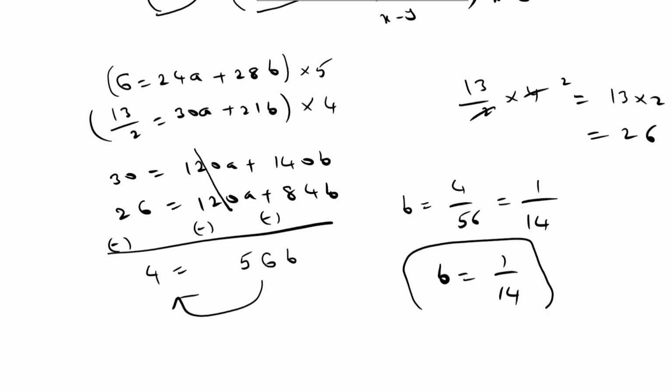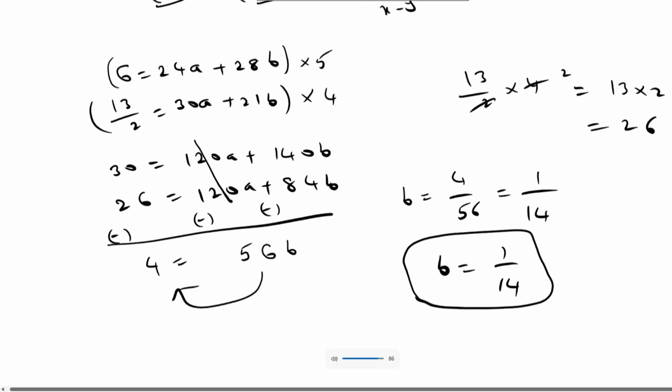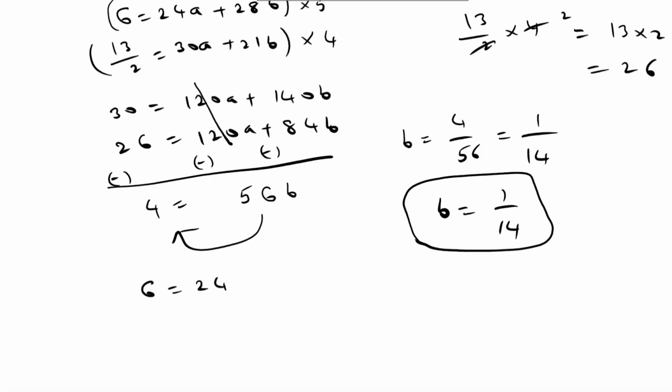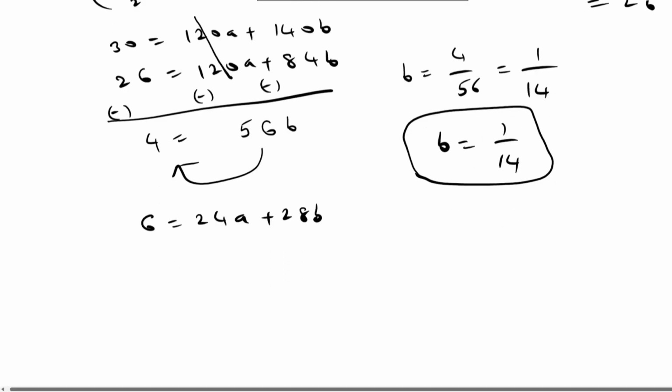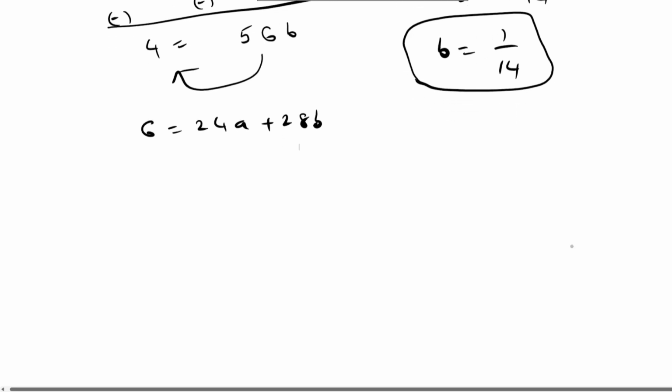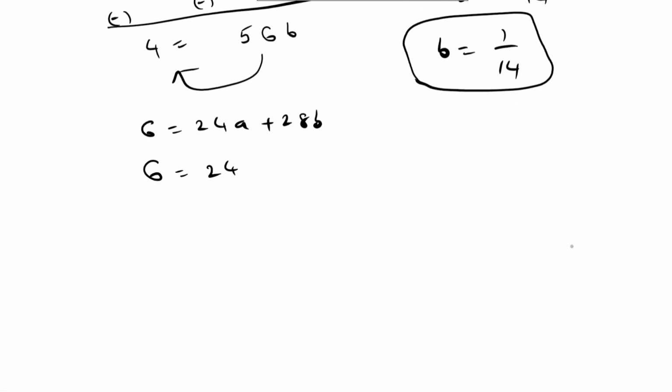Let us substitute this b value in any one of the equations. So I am taking the first equation, that is 6 equals 24a plus 28b. Now b value we got is 1 by 14, so let us substitute in this. 6 equals 24a plus 28 into 1 by 14. 6 equals 24a plus 14 twos are 28, that is 2.